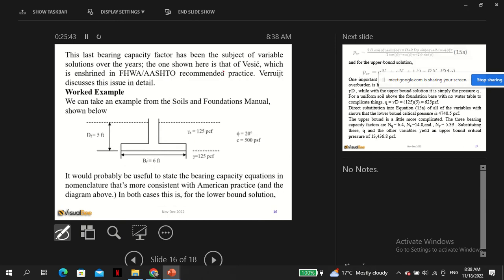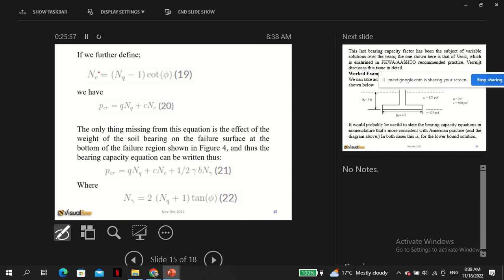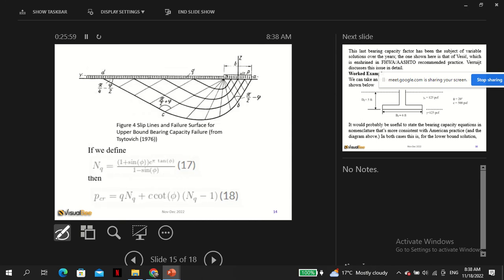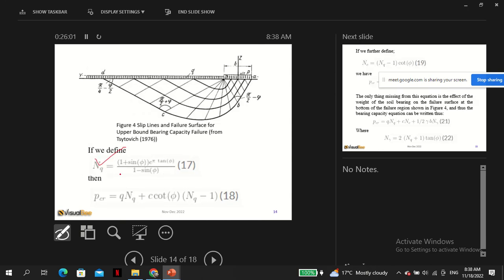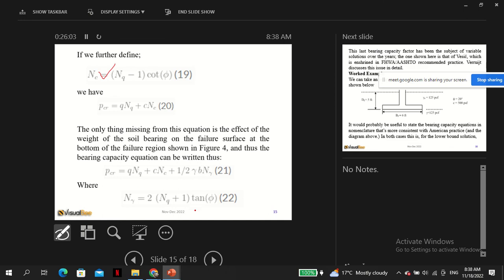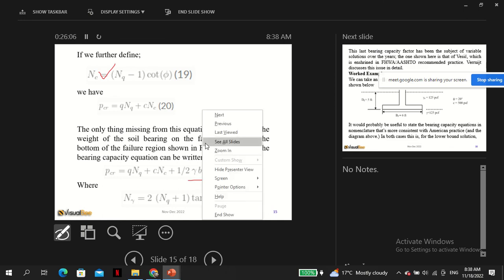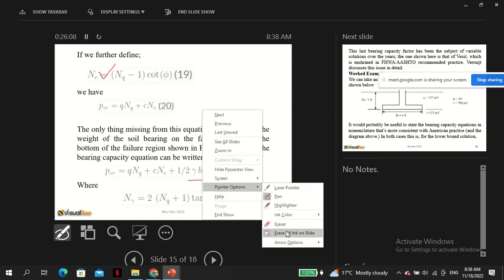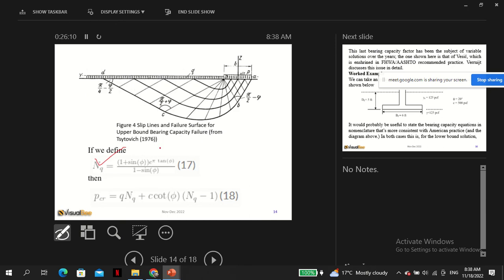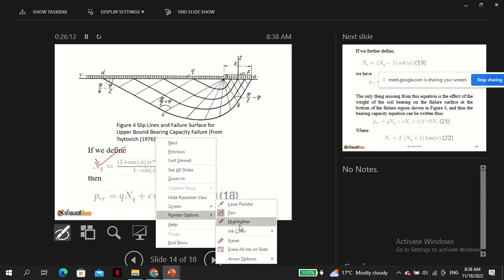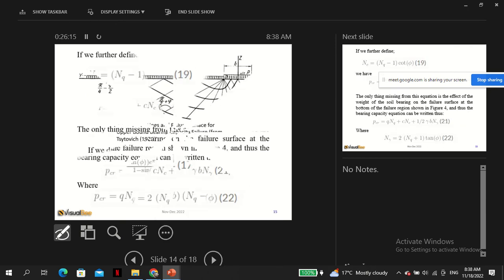It is a subject of variable solutions over the years. The one shown here is from Vesic. So there is Vesic, there is Prandtl, and there is Terzaghi as well. The various researchers agree on NC. There is not a big difference between researchers. But when it comes to N gamma, there is some variation, so it's a subject of big debate as to why that is so.